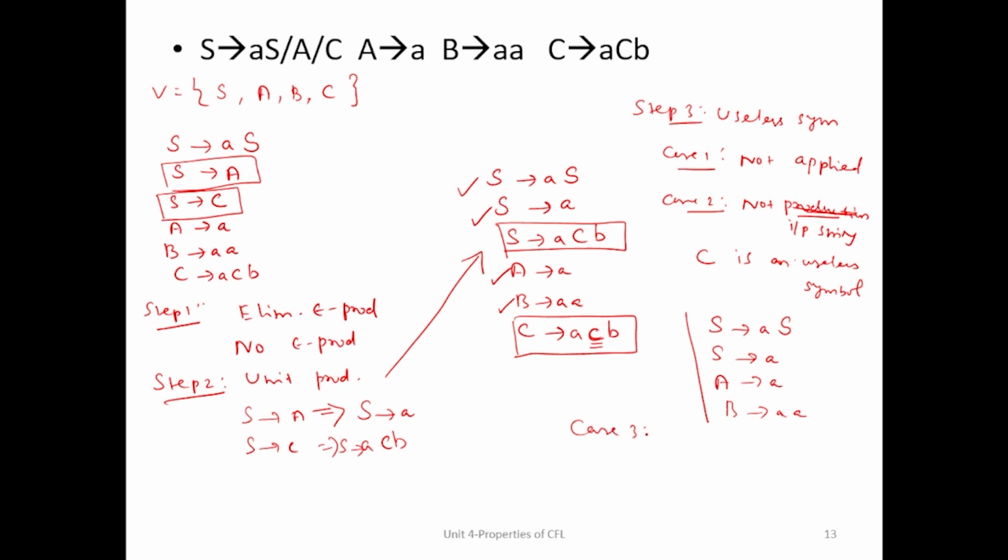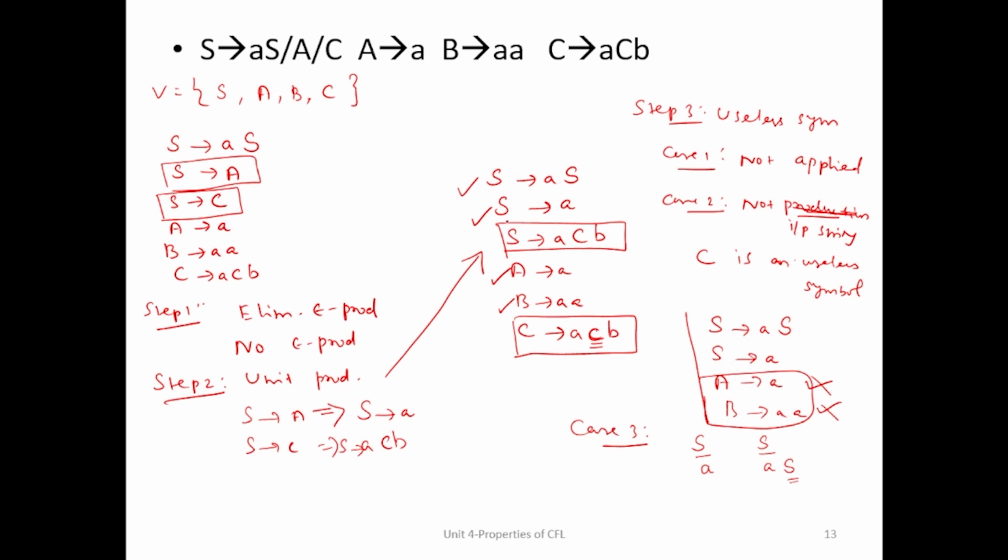And what is case 3? A non-terminal that is not related to your starting symbol. The starting symbol of the given grammar is S. Instead of S, you can substitute the first production or the second production, which means only the S productions are used repeatedly. So A and B are not used from the starting symbol, and they are considered useless symbols.